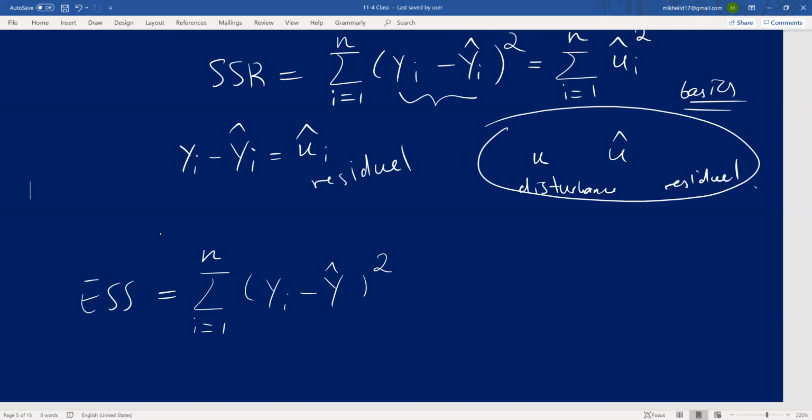So ESS is this. What is this abbreviation? It stands for explained sum of squares. And this stands for sum of squared residuals.